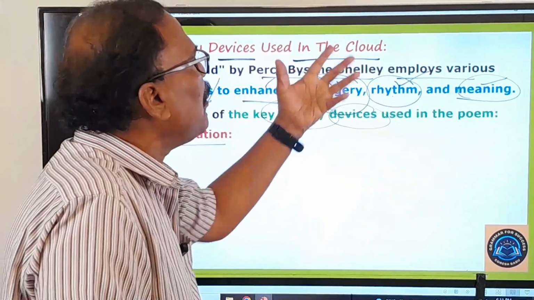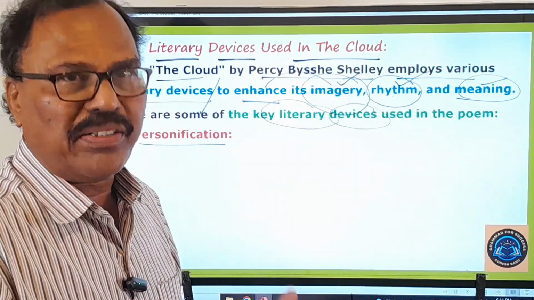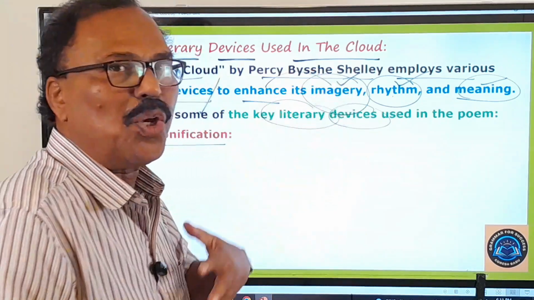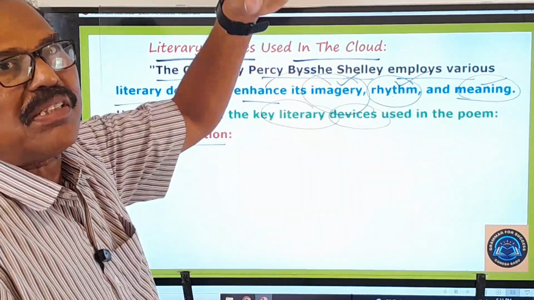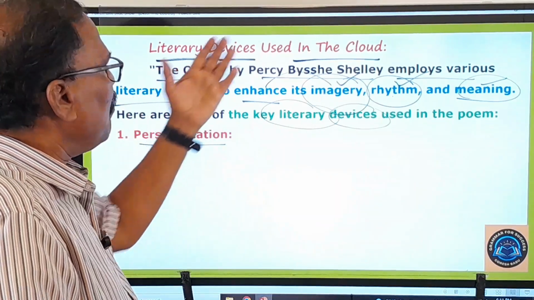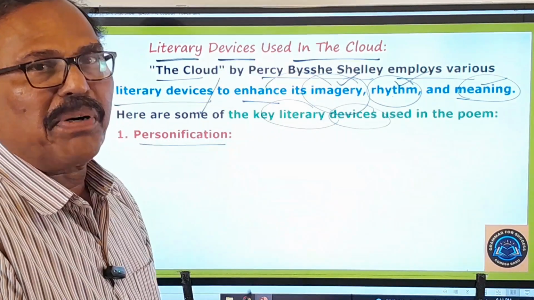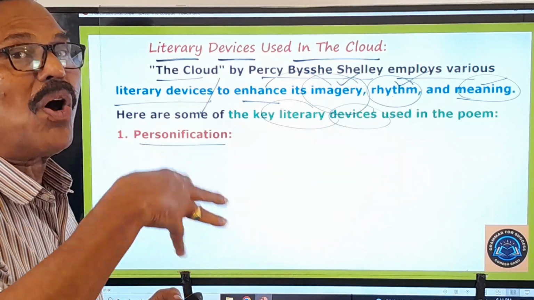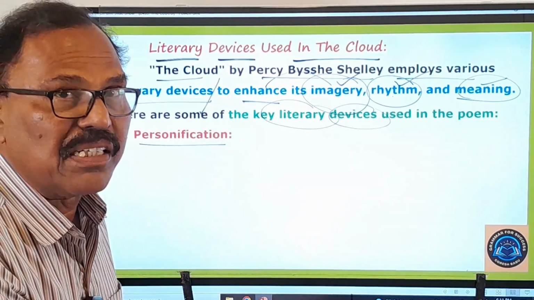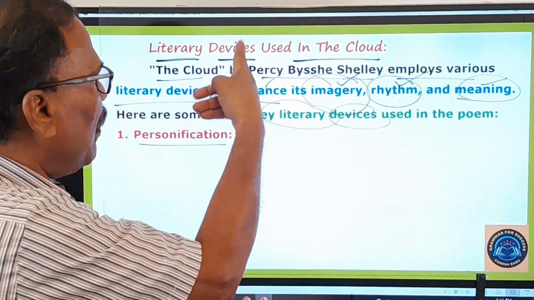It has been attributed human qualities, human emotions, human feelings, throughout the 6 stanzas. So personification is the most predominant literary device employed in this poem The Cloud.